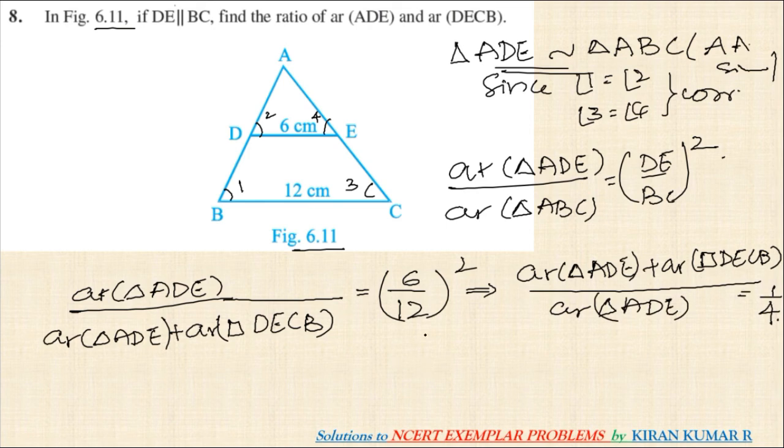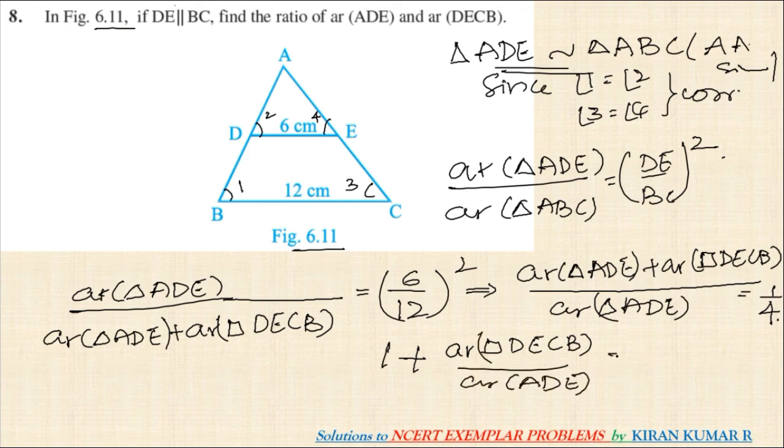Now if you split it, we get 1 added to the area of quadrilateral DECB upon the area of triangle ADE equal to 1 by 4. Reciprocal is 4, sorry, 4 by 1, nothing but 4. This is 4.